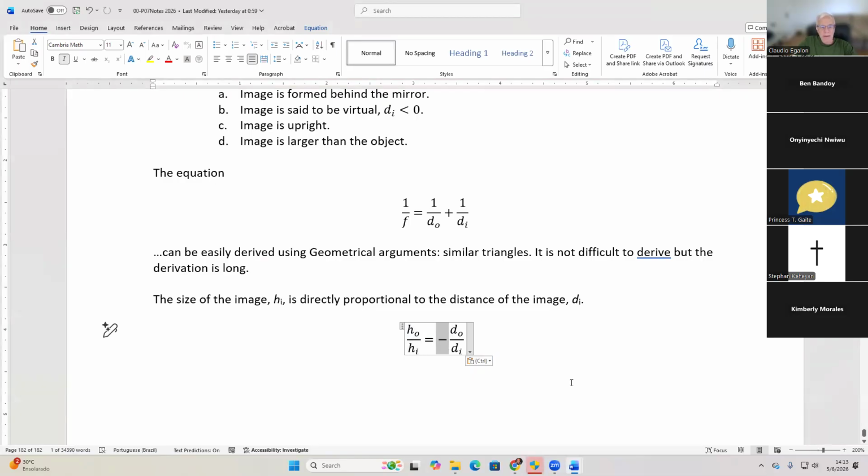Negative size of the image means that the image is inverted. That's the equation you have to memorize. It's not difficult because H_o is proportional to D_o. Just remember the negative sign in front.